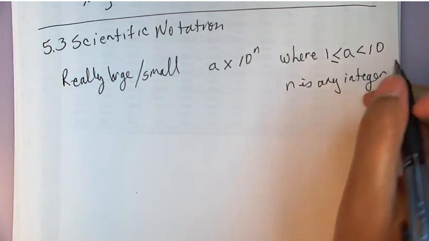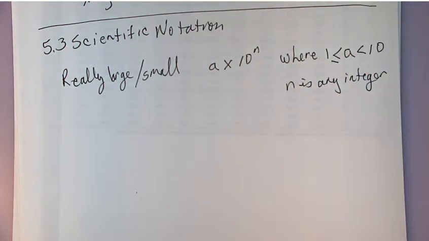So a is any number between 1 and 10. That's 1, 2, 3, all the way to 9.99999. Any number between 1 and 10, that is your number.